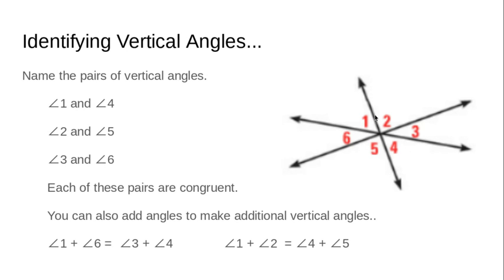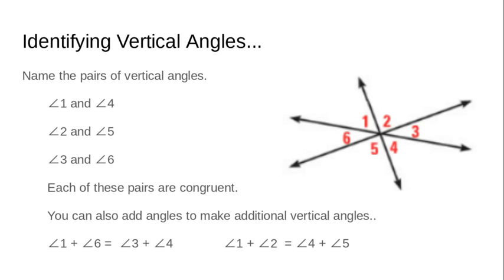Angle 2 is also made by the same line we just highlighted, and then this line. So angle 2 would also create this angle down here, angle 5. And then angle 3, which is made by this line and this one. If I follow those out, it also made angle 6. So 3 and 6 are going to be vertical angles. Remember, vertical angles are congruent.